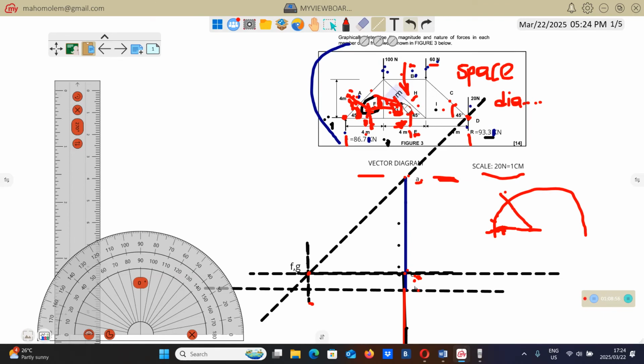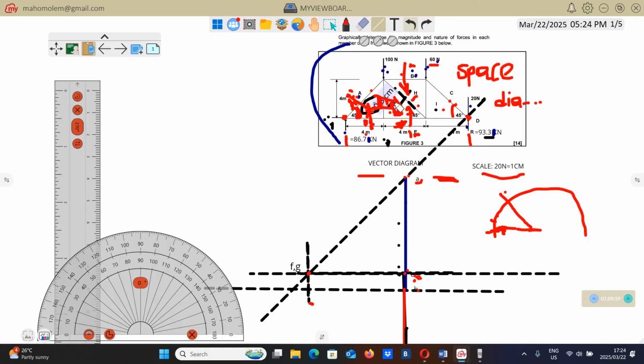Then from G to H, there is a line moving at an angle of 45. Therefore, we have to draw a line parallel to this. The line that we must draw must move at an angle of 45. So we're going to draw that line from where?